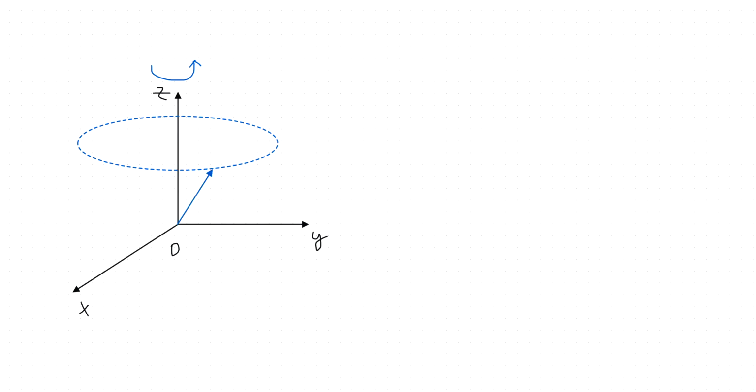In the first position it may be r1, and in its next position it will be r2. We can also define a radius vector that begins in the center of this trajectory, in the center of this circle.